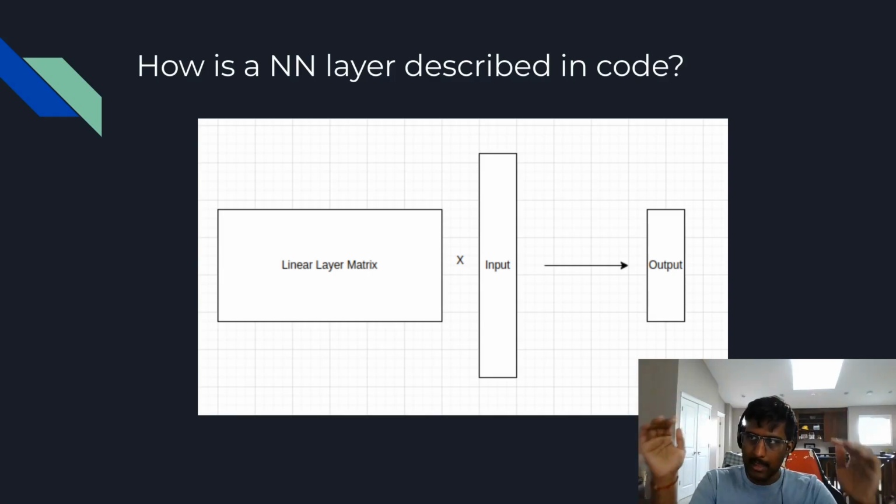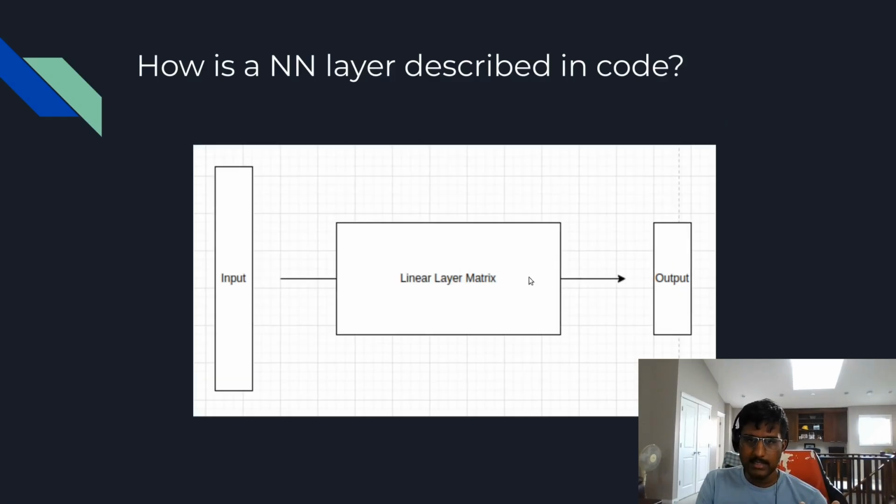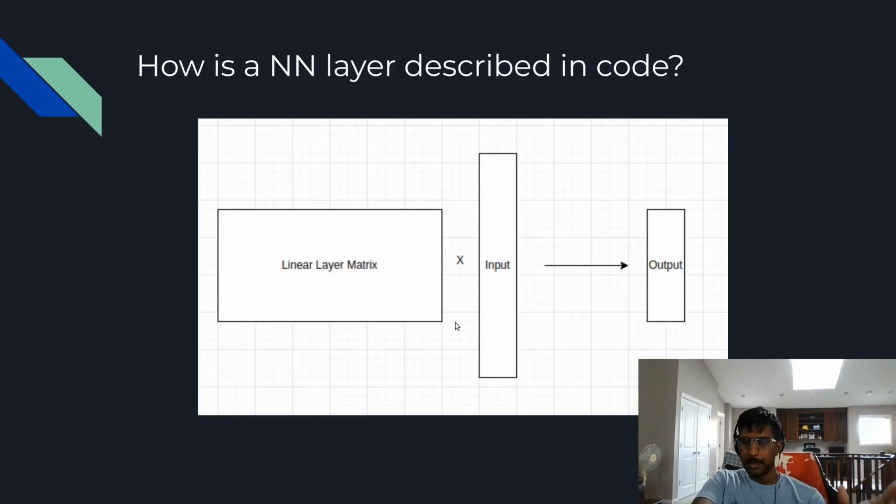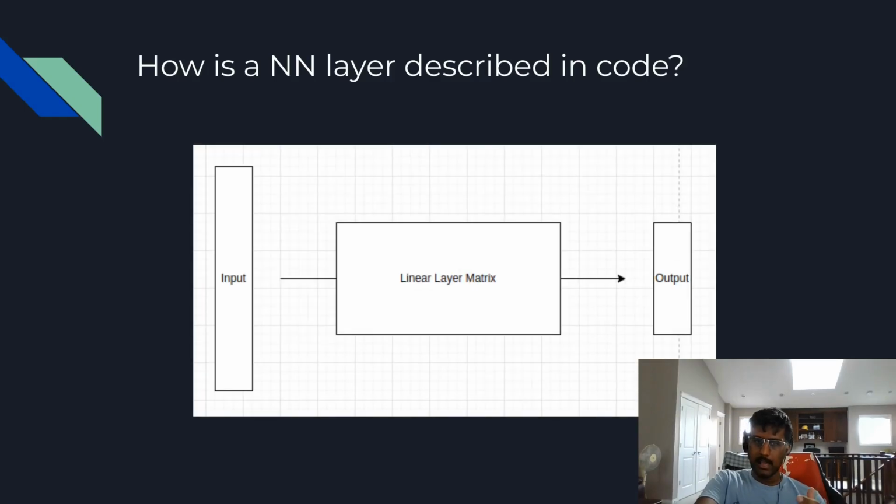Then again for the second row of the matrix, and you get the second element in the output, and so on. Because of that, you can think of the matrix as an operation applied to the input. If we go back here, you're multiplying these numbers together, but you can think of it as an operation you apply to the input to get to the output. It will scale it and do all of that.